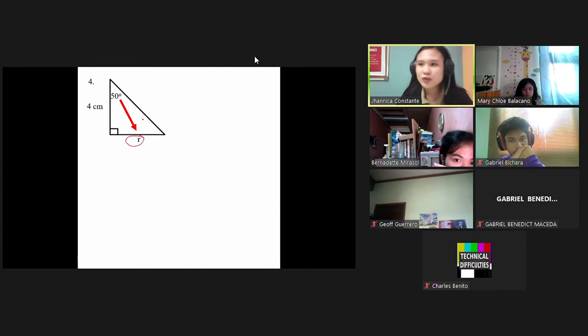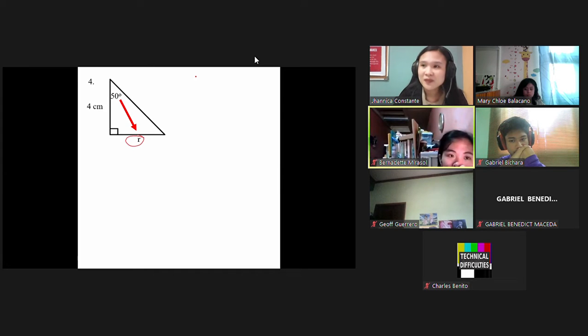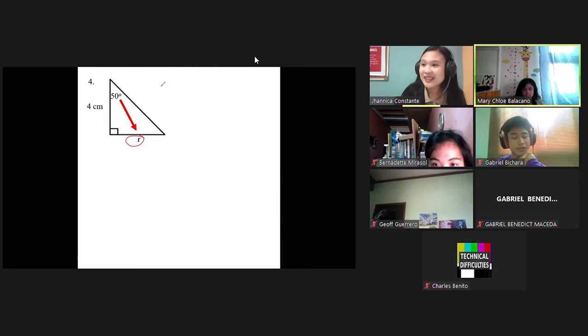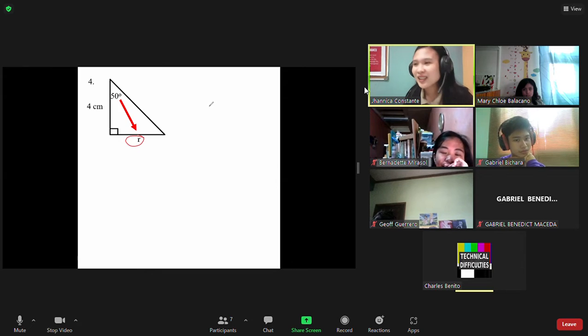Looking at our triangle. Cosine. Cosine ba? Are we going to use cosine? Sine, cosine, or tangent? Based on the given that we have. Yes, Cody? Tangent. Tangent. That's correct.